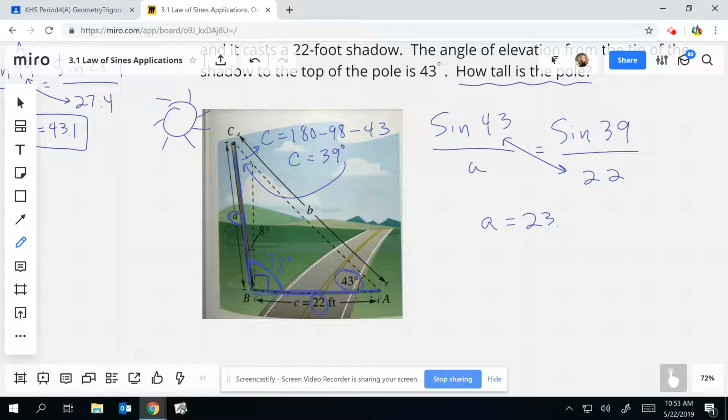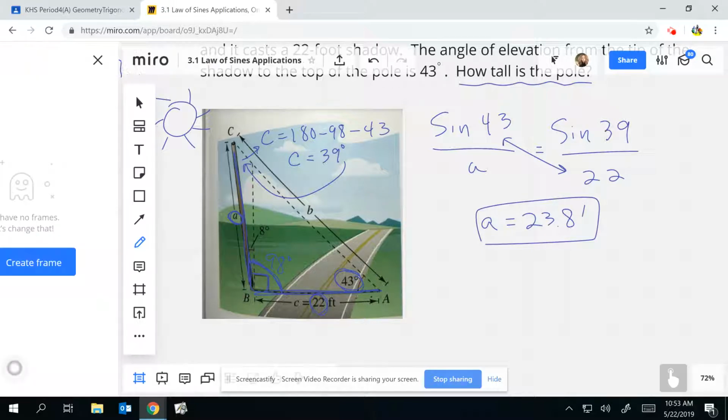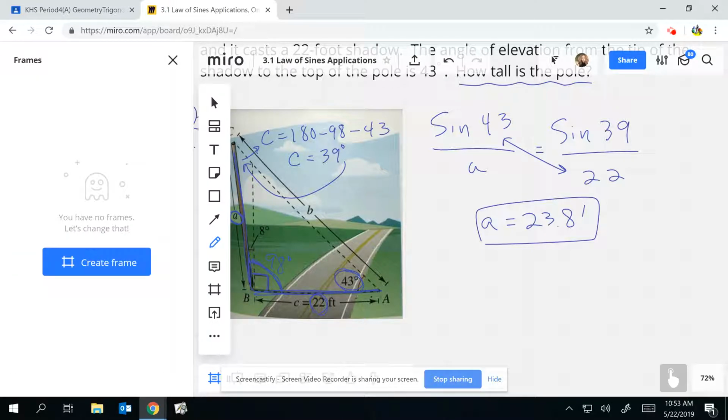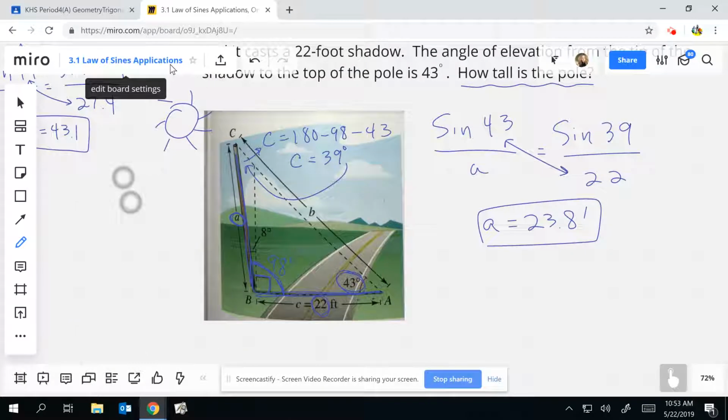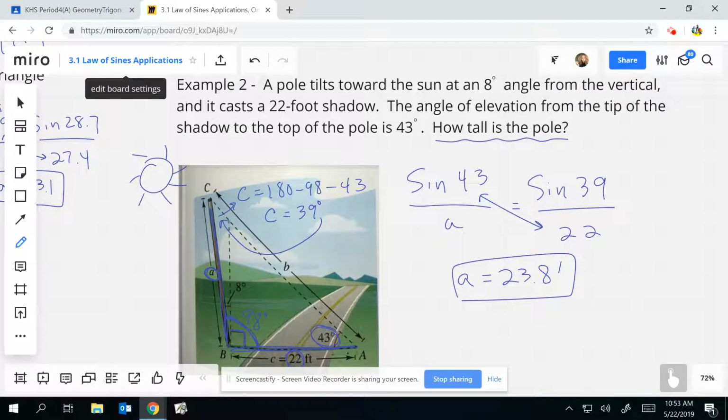No, 23.8 feet. So that makes sense because it better be more than 22. 22 was across from a 39-degree angle, and 43 degrees is bigger. So your side better be a little bigger than 22, and it is 23.8. So that does work. So that's being able to apply the law of sines.